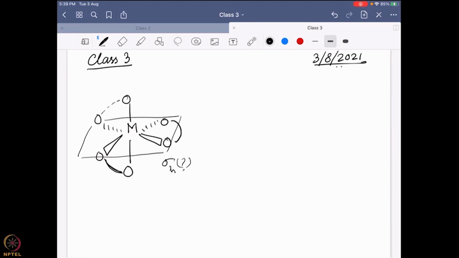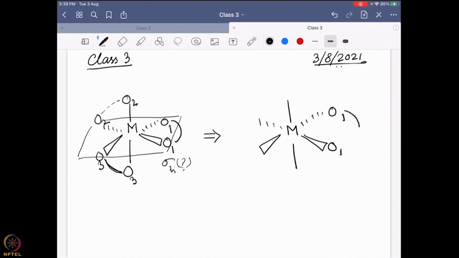First of all, find out whether it is a sigma plane or not. So let's do a sigma operation over there. First, all the oxygens as they are, we will draw first. These two oxygens, I am labelling O1, O1, O2, O2, O3, O3 for my understanding. O1, O1 will remain in the same plane.